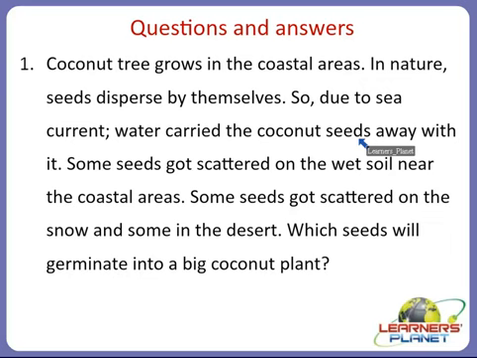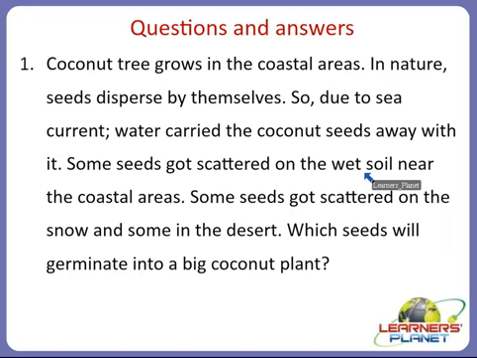Three places have been mentioned. The first is that the seeds got scattered on the wet soil, with the conditions provided that it is getting air, warmth, and even space to grow, because there is much space near the coastal areas. So this is the first condition mentioned: coconut seeds got scattered on the wet soil.